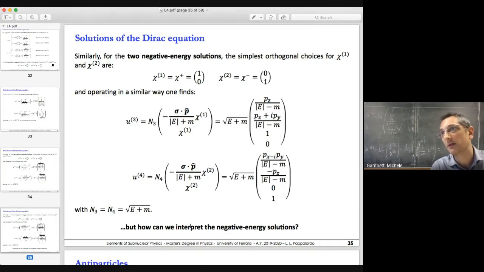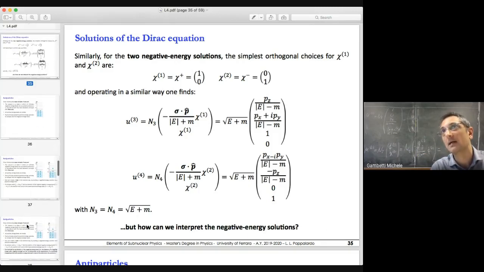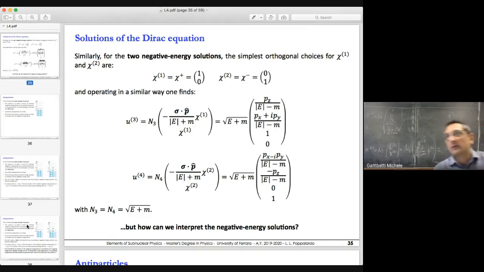Now the question is, how can we interpret the negative energy solutions? When Dirac proposed his theory, which was very elegant from the mathematical point of view, it also described well the dynamics of electrons and the fine structure constant. It comes with a positive definite probability density and so on.